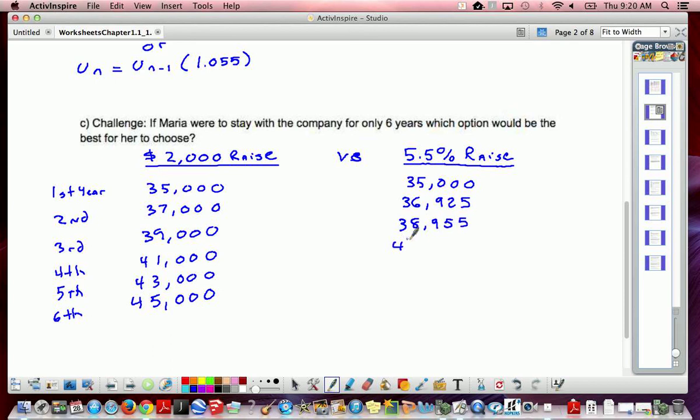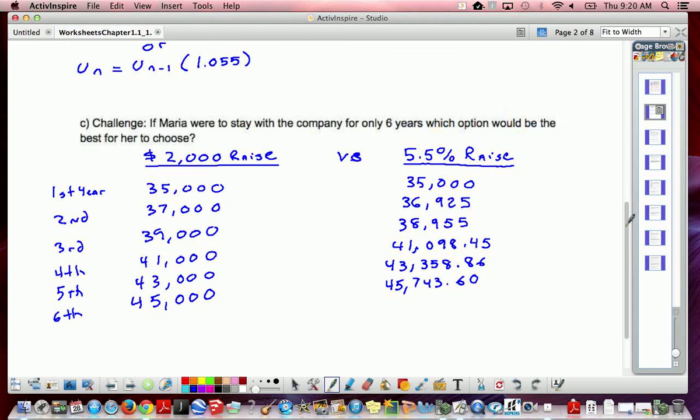Still notice how it was less. Then finally, $41,098.45. I'll start rounding to the nearest penny since we don't get paid in fractions of pennies. So $358.86, and the last one we knew from Part B, $45,743.60.